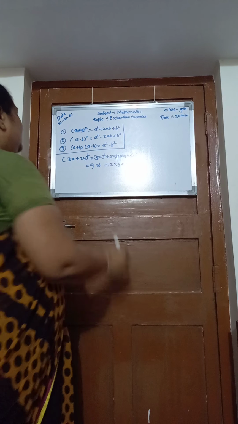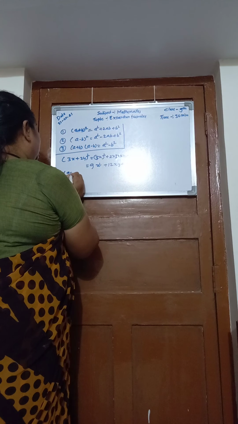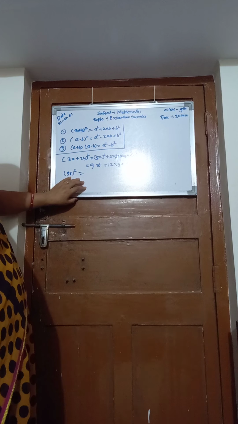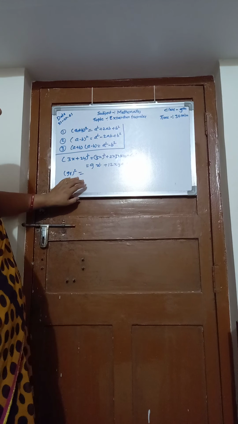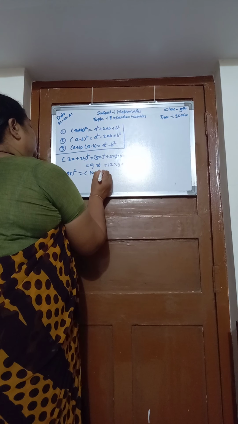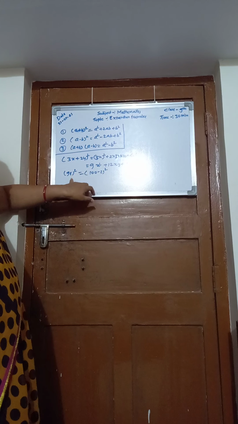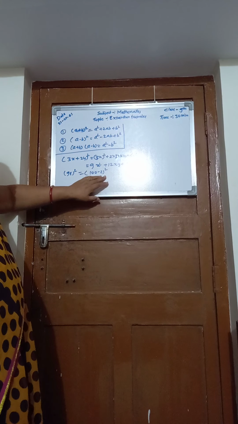Okay, then calculate 98 square. You have to calculate 98 square. We can write 98 as 100 minus 2. Okay, 98 means 100 minus 2, and 100 minus 2 bracket square.